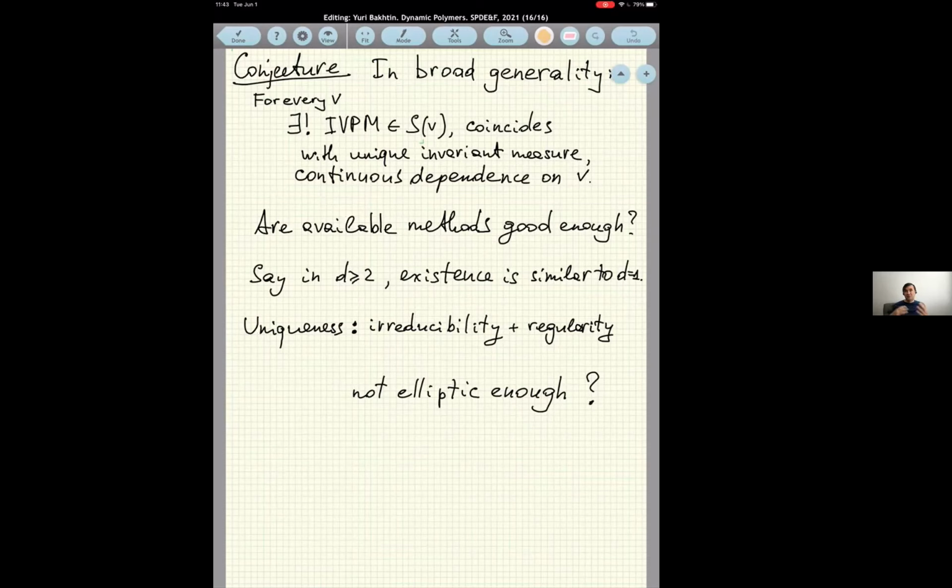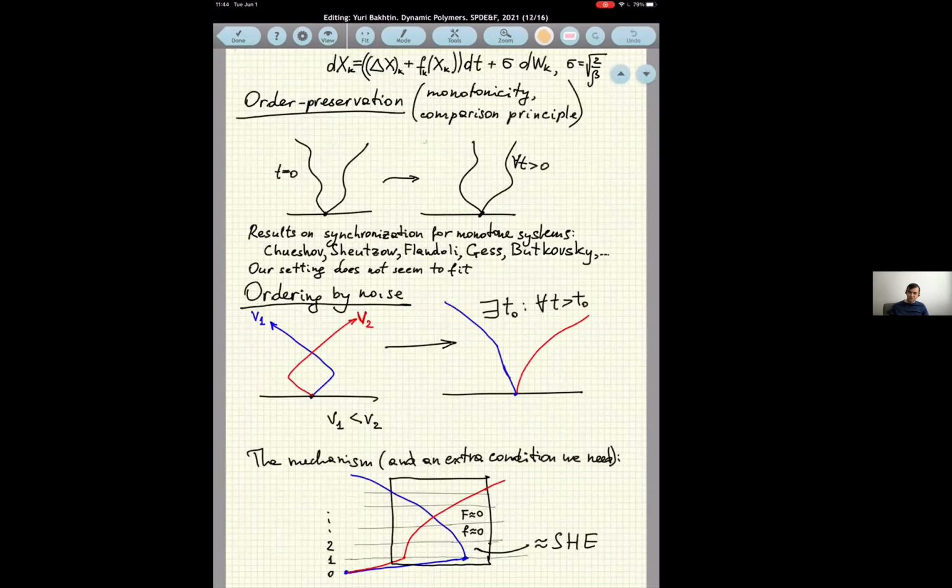Because, in principle, you can imagine that you have infinite dimensional stochastic dynamics. That is seemingly not too hard to study. So this is a heat equation with nonlinearity that is sort of tame. So these F's, in this main equation, they grow quite slowly, and the noise is additive.